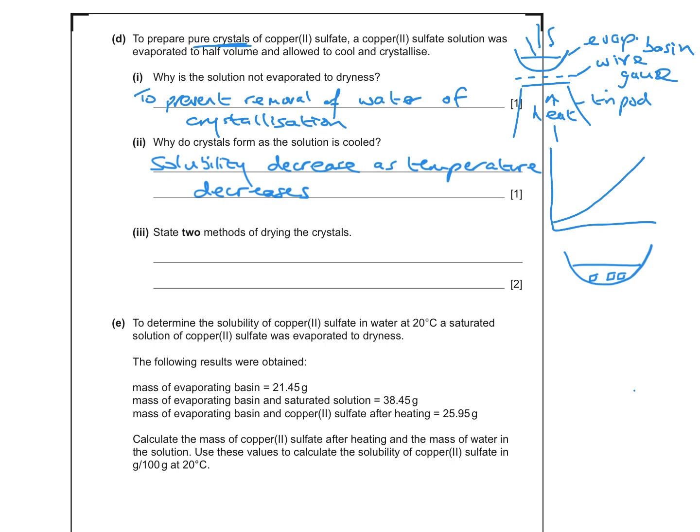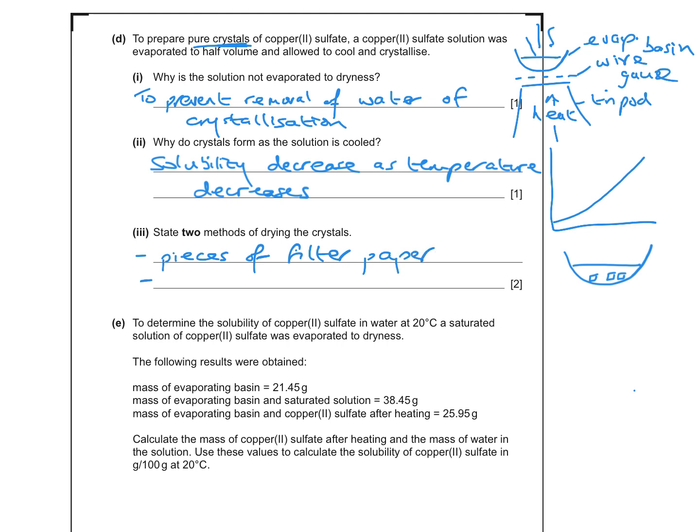Now, when we're drying the crystals, we do not want to remove the water of crystallization. So we could just use pieces of filter paper, and we need 2 pieces of filter paper, not just a piece of filter paper.